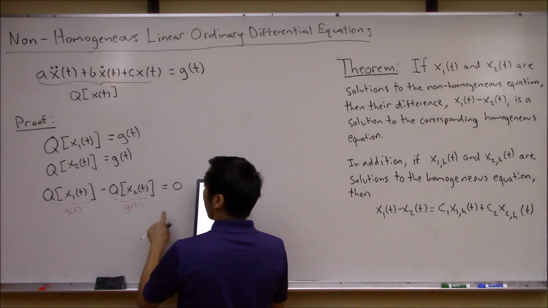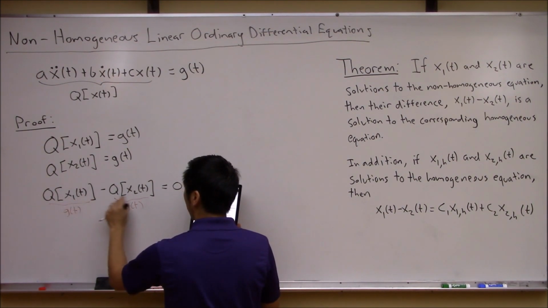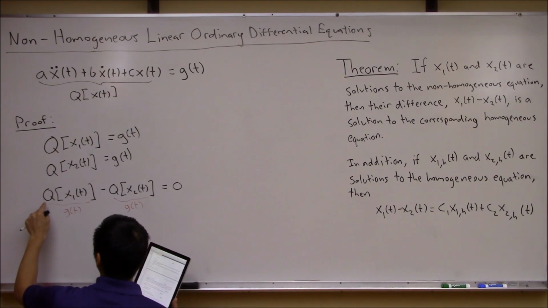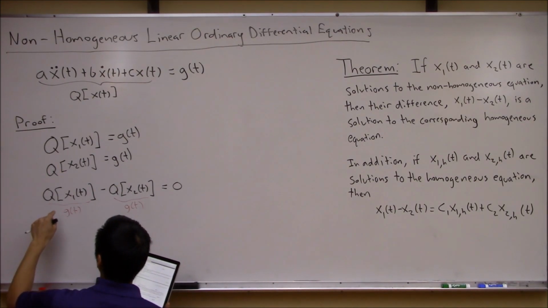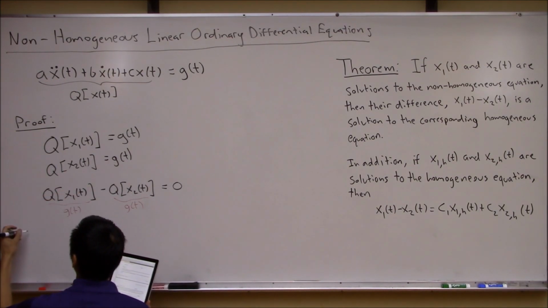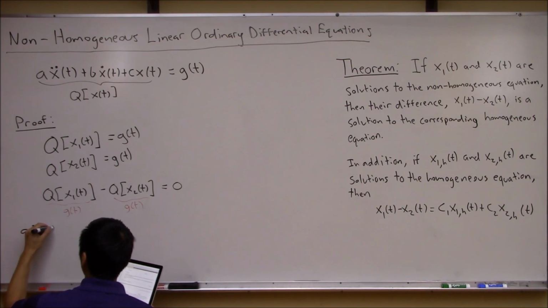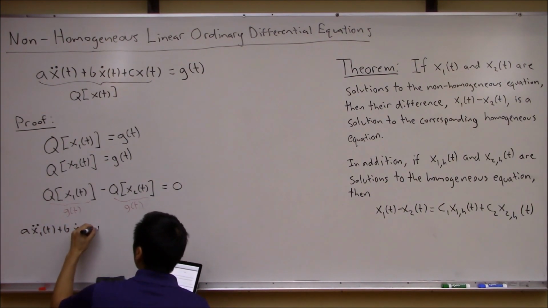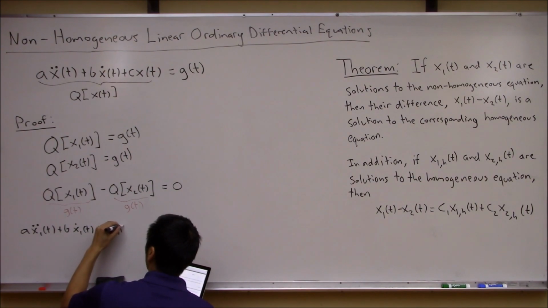Okay, now let's examine this left-hand side. Maybe let's write this thing out. So again, let's expand this. Instead of using our lazy Q operator, this here is shorthand for A x1 double dot of t plus B x1 dot of t plus C x1 of t.